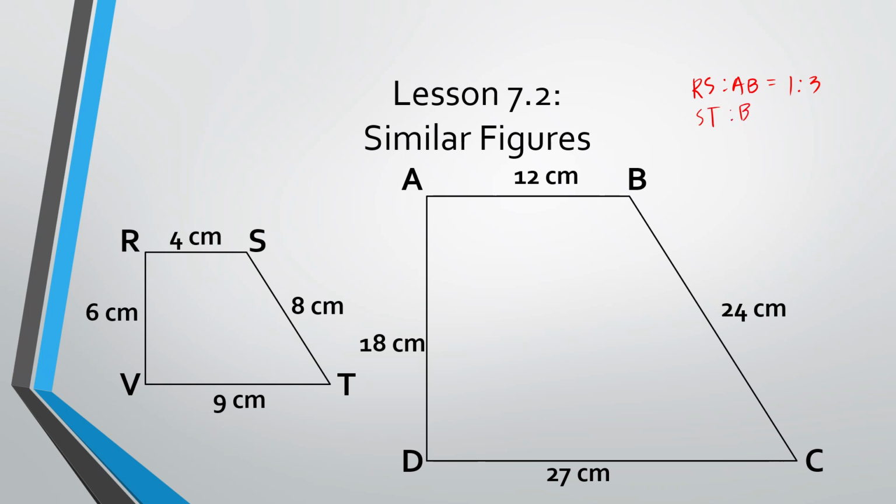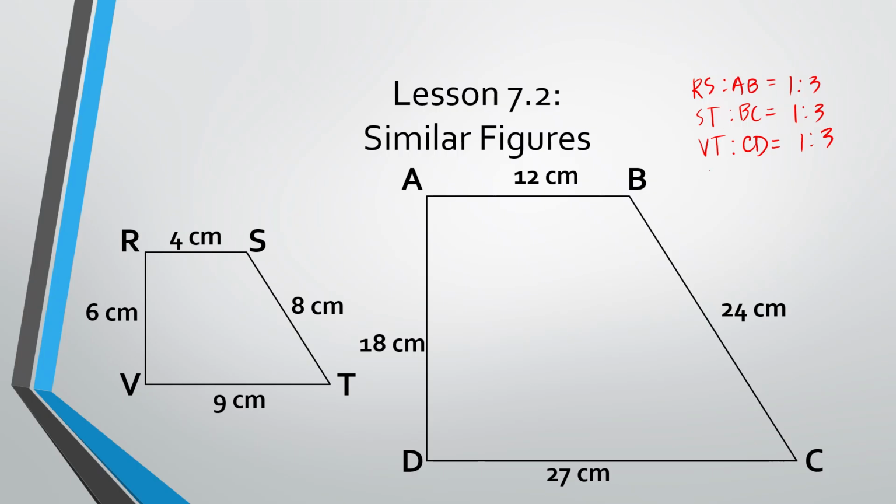The ratio of ST to BC is 8 to 24, or simplified as 1 is to 3. The other one is VT to CD, and the ratio of VT to CD is 9 is to 27, or simplified as 1 is to 3.